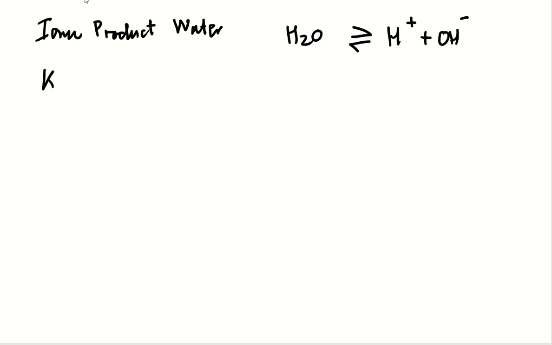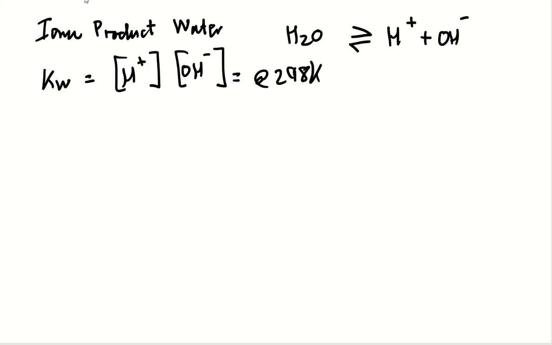The ionic product of water is written as the concentration of the hydrogen ions times the concentration of the hydroxide ions, at 298 kelvins, which is probably what you're going to get in your question. If not, they'll give you the new constant. It equals 1 times 10 to the minus 14. Units aren't particularly important, but we'll put them in anyway.